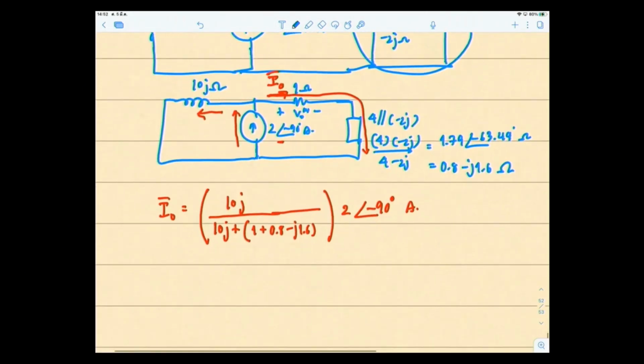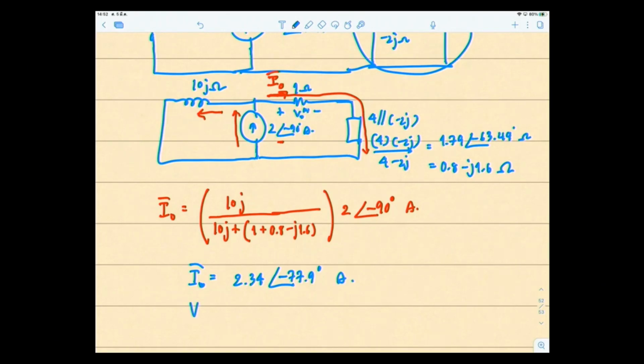Use your calculator again. Can you see now how important your calculator is? In these topics, your I out is equal to 2.34 angle minus 77.9 degrees amps.